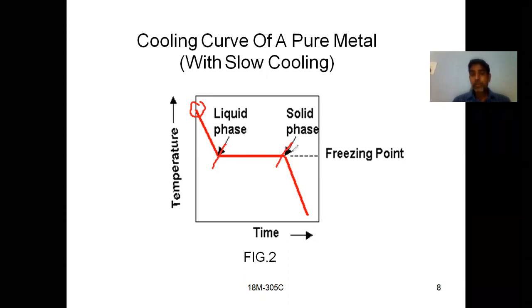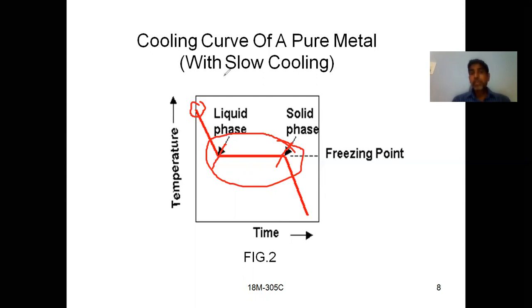In this portion phase change is occurring. This is a straight line, so the temperature is constant, and later the temperature will drop, and at the end you will have room temperature.